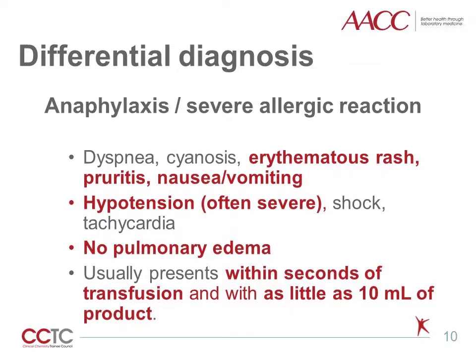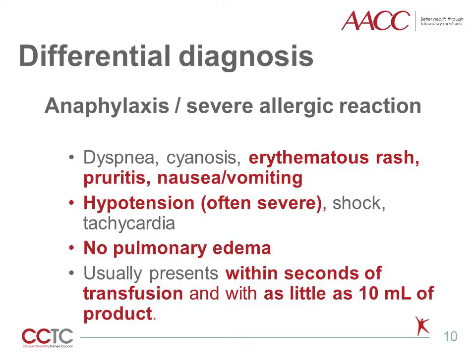Patients suffering from anaphylactic transfusion reactions may demonstrate dyspnea, cyanosis, and hypotension as in TRALI. These patients, however, frequently have an erythematous rash, pruritus, and nausea or vomiting. There is no pulmonary edema in anaphylactic reactions. There may be tachycardia along with shock.